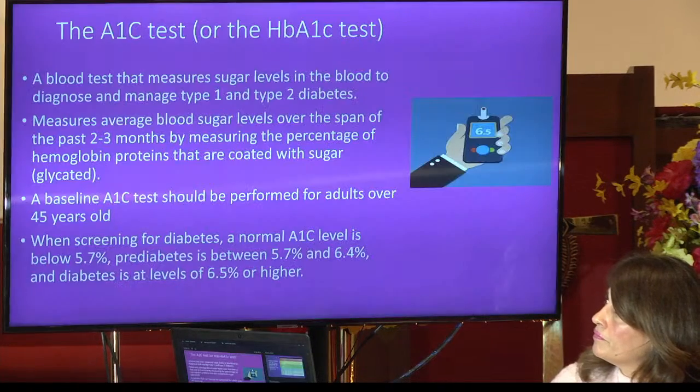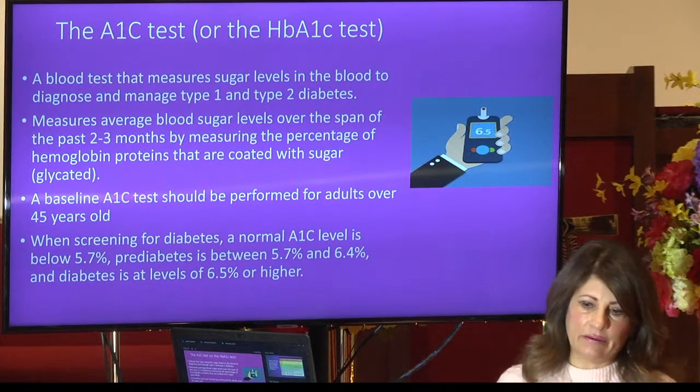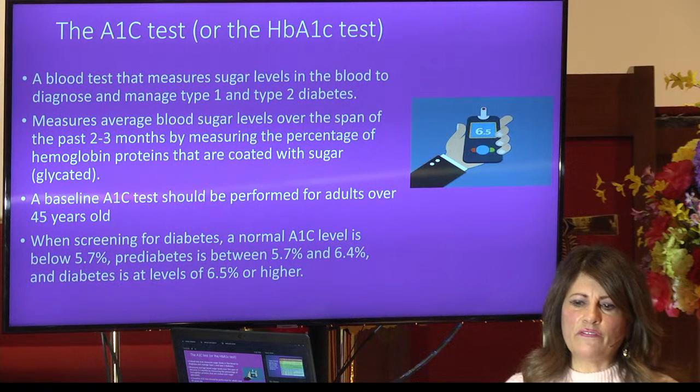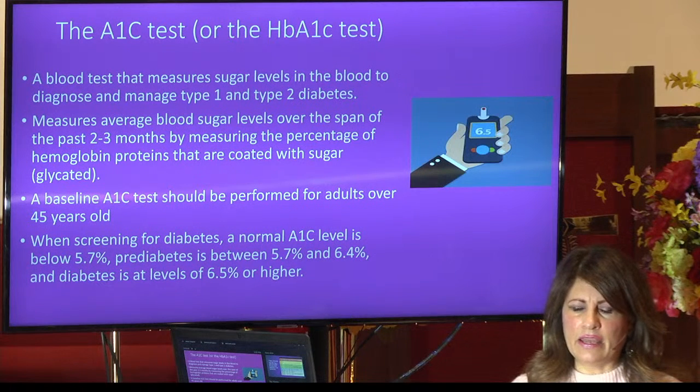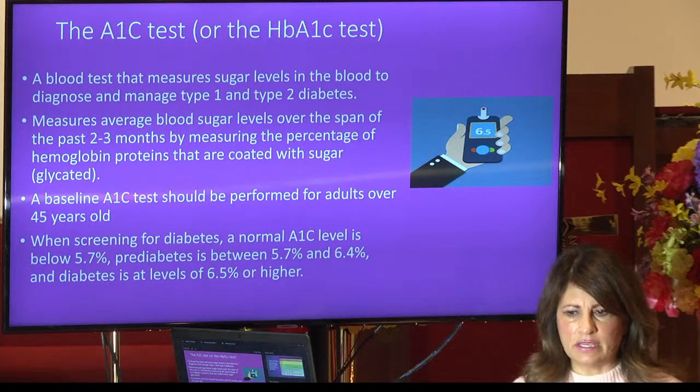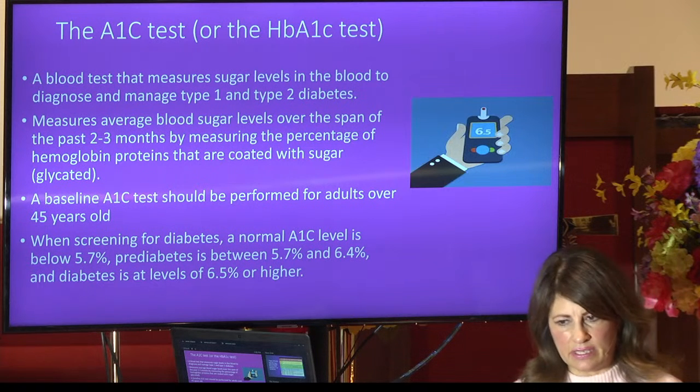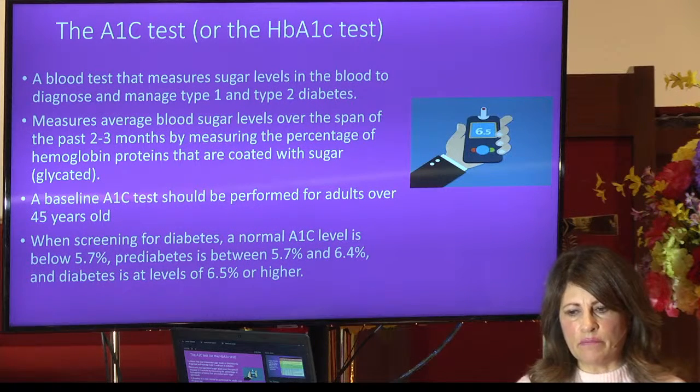Now we're going to talk about testing. If you have never had an A1C test or an HbA1c test, this is a blood test that measures sugar levels in the blood to diagnose and manage type 1 and type 2 diabetes.